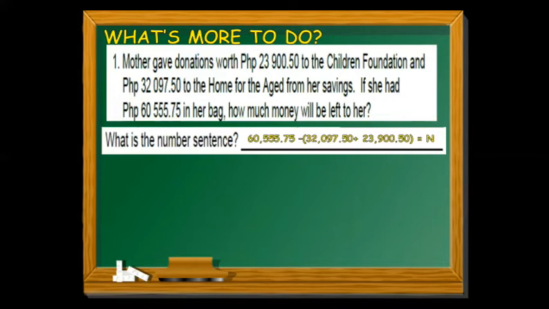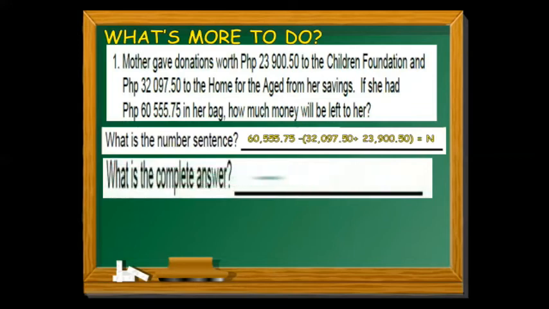So the number sentence is 60,555 and 75 cents minus the total of, or the sum of, 32,097 and 50 cents plus 23,950 cents. And then the complete answer.